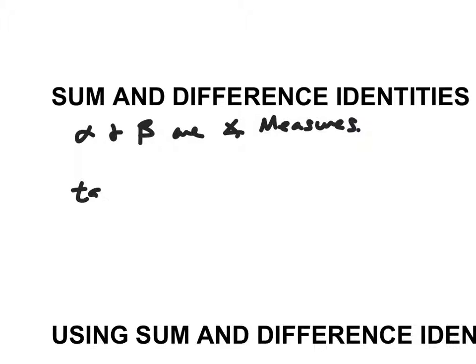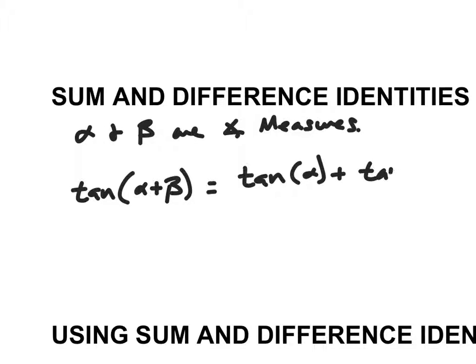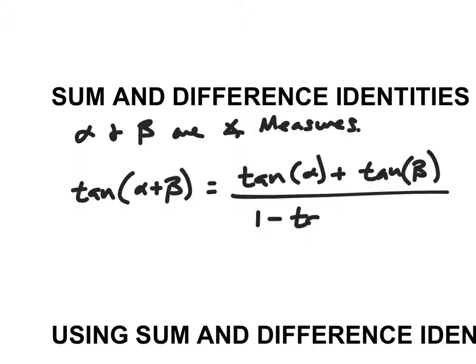So I've got tangent of alpha plus beta, and that's going to equal tangent of alpha plus tangent of beta over 1 minus tangent alpha times tangent beta.